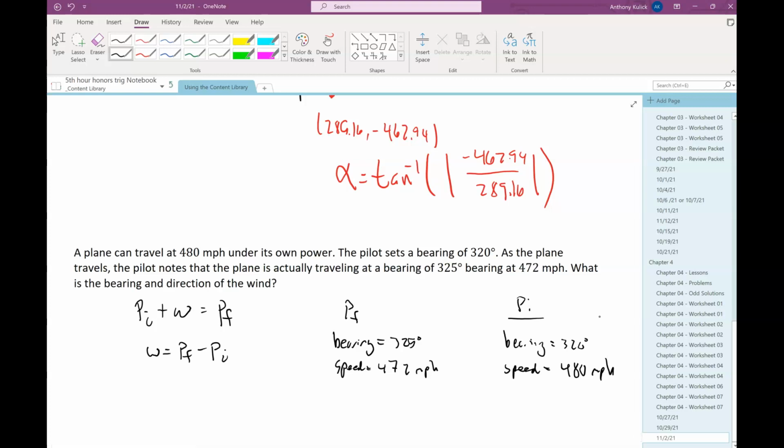And then it really goes the same as the previous one, but we have to remember to get our wind here, we're going to be subtracting the horizontal components and the vertical components rather than adding them. But that's the big takeaway. That's the difference. In the interest of time, I'm going to just stop at this point and not finish this one all the way out because we did the important difference piece to this.